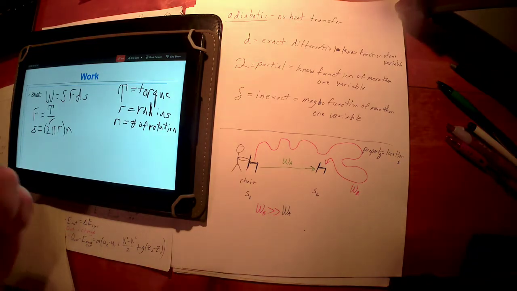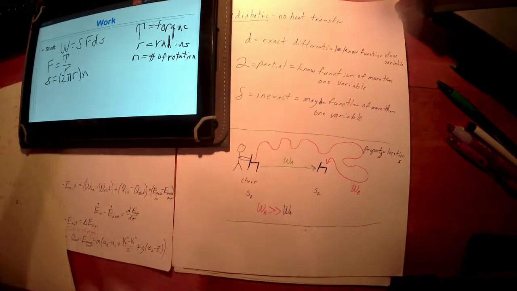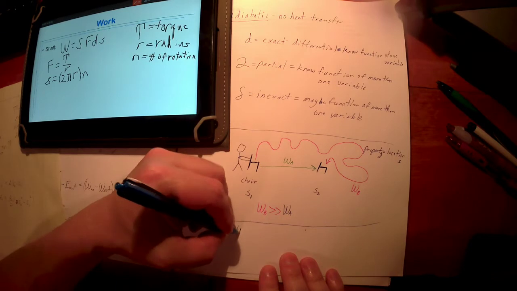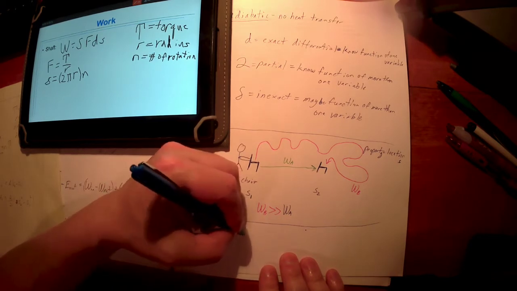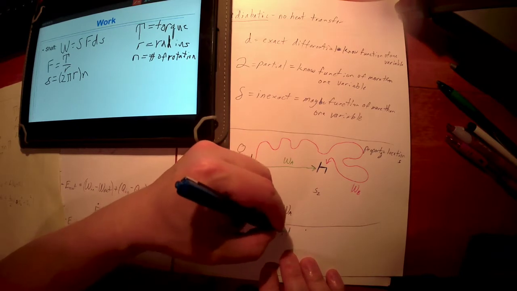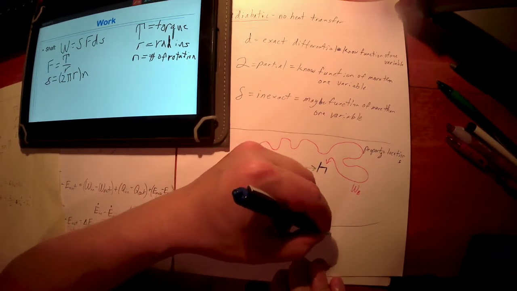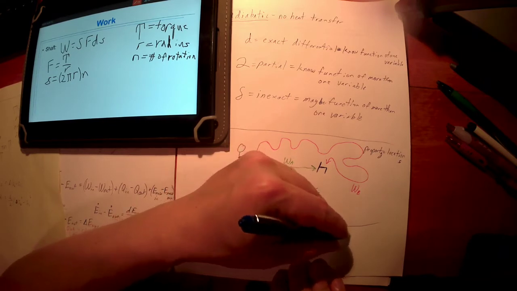Okay, so, just to summarize here, previous slide we said that electrical work is the integral of electrical power with respect to time, and that's equal to the integral of voltage and current with respect to time.